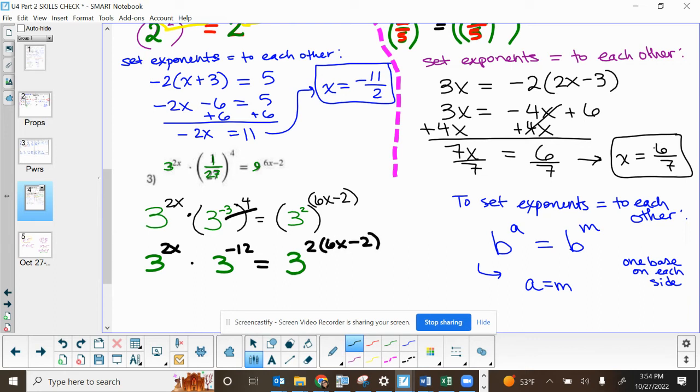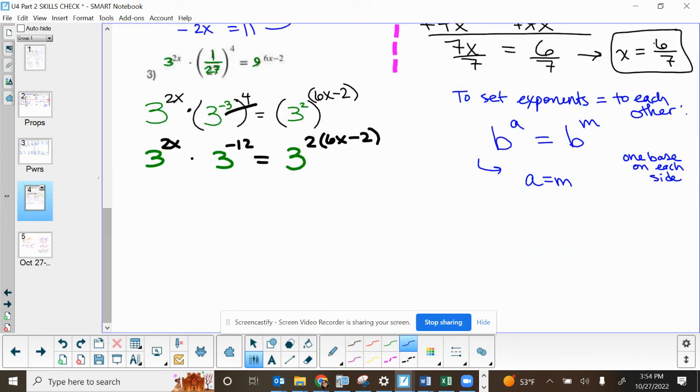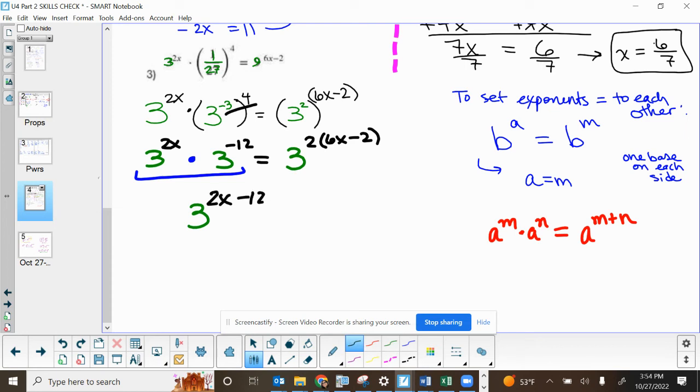So all I did was simplify a little bit, but I need to combine these into one base using the exponent rules that when you multiply powers, you add the exponents. So I'm going to have the same base, but I'm going to add the exponents, 2x plus negative 12. Now I have like bases, and now I can set those exponents equal to each other.